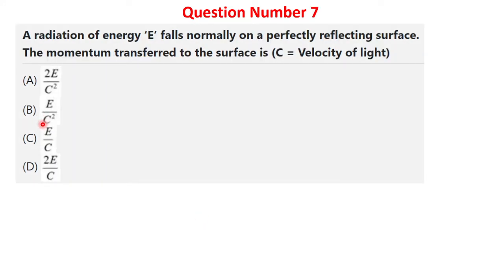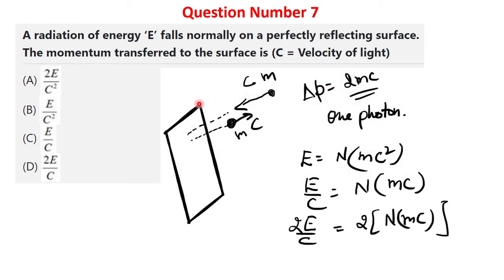Question number 7. A radiation of energy E falls normally on the surface of a reflecting surface. Perfectly reflecting surface means whatever energy is coming in, the same is reflected back. Now suppose here we have a mirror, a perfectly reflecting surface. If photons are coming in with momentum mc, then photons are leaving the surface with momentum mc in the opposite direction.